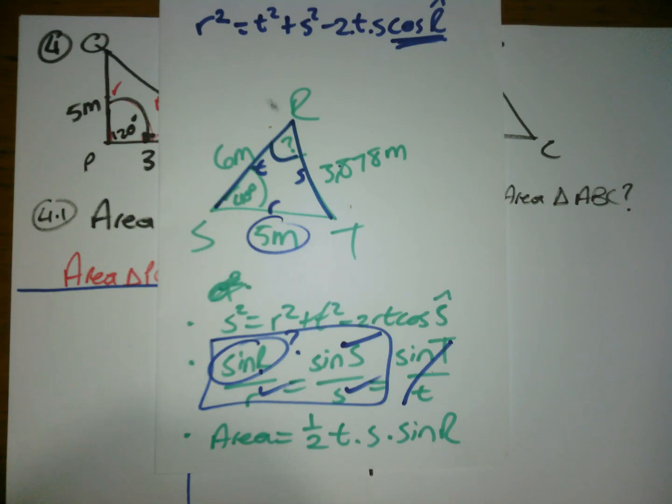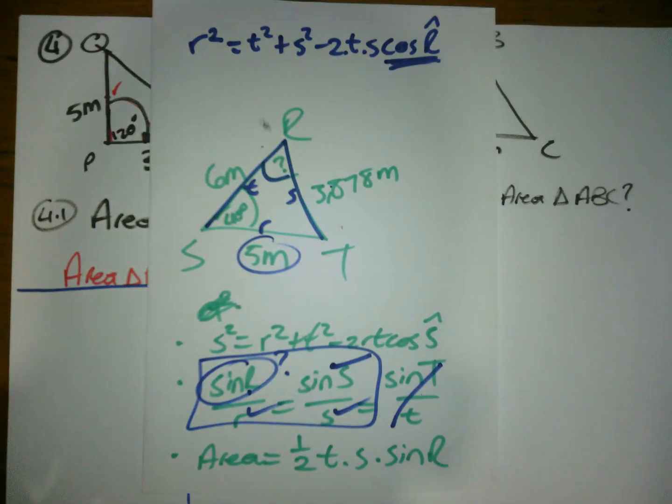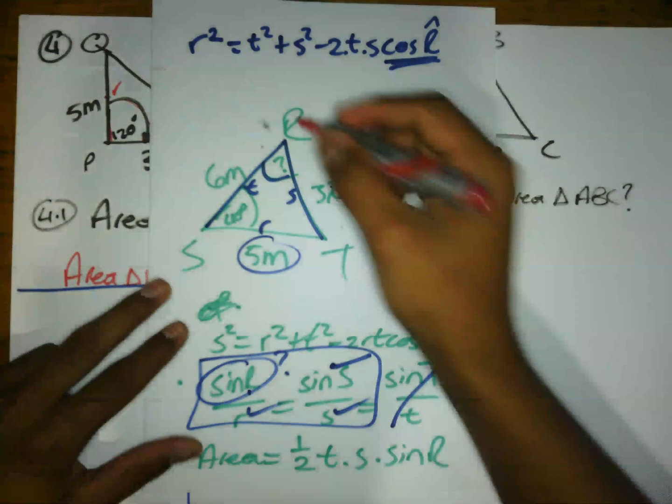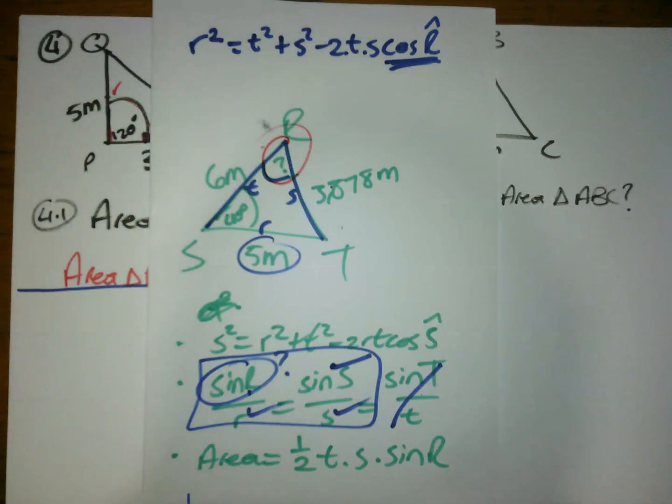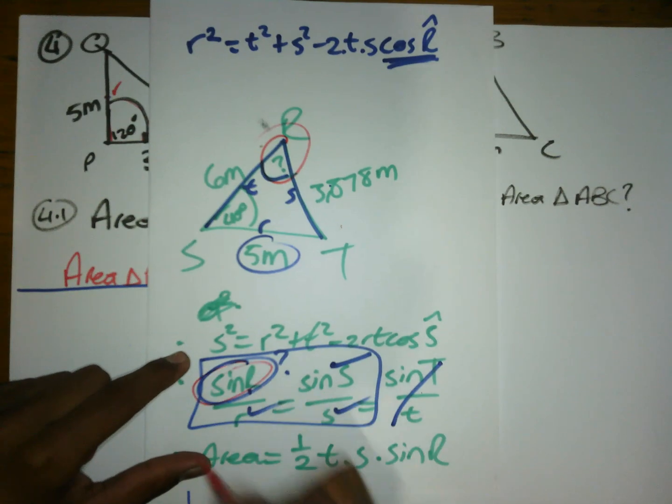Then you must eliminate the ones you can't use and the ones you can use. Like this over here. For us to have gotten angle R that's here, I could have used my sine rule, right?